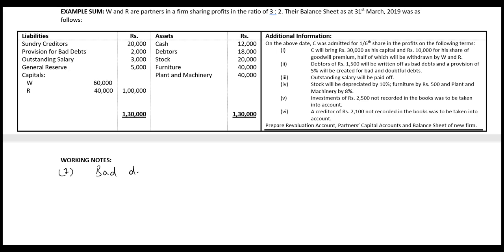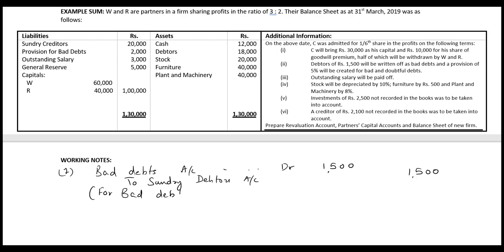Bad debts account debit, to sundry debtors, ₹1,500 written off as bad debts.